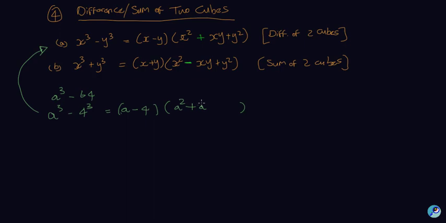So x times y go to 4a. So it's 4a. And then there's plus, which is lena, so it's 4 squared. So answer yakho it's a minus 4 times a squared plus 4a plus 16.